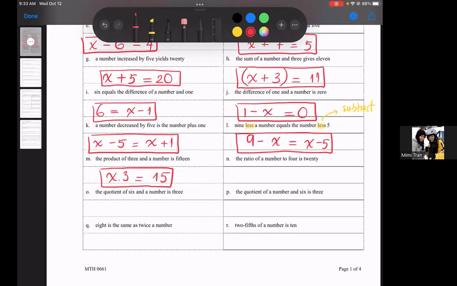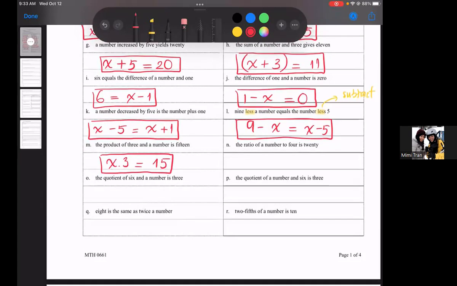The ratio of a number to 4 is 20. Anyone from this group? The ratio? Yes. Ratio means division. Very good. That's it, right?